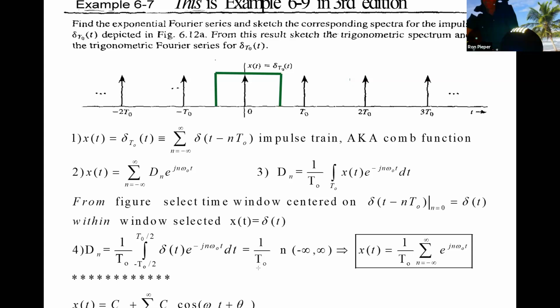Notice there is no n dependence in this one. That's what makes it really simple, although there's another example later in the text that does depend on n. Here, n is the index, but the coefficients are exactly the same, real, positive, 1 over t naught for every n, and so it can just come out front.